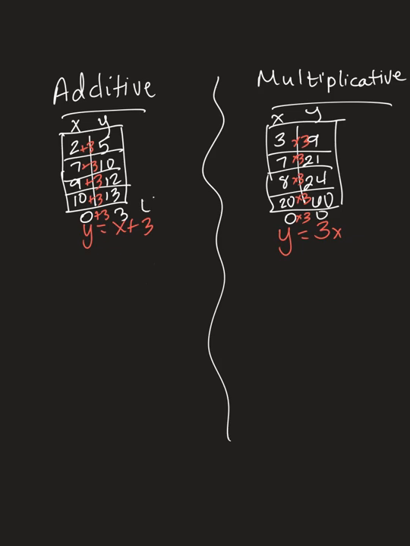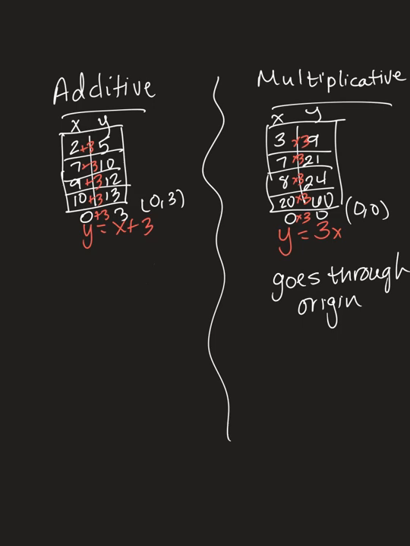So that's going to give me the coordinates 0, 3 here, and 0, 0 here. No matter what I'm multiplying by, if it's multiplicative, it's going to end up going through the origin. If it's additive, it's not going to go through the origin. It's going to go through the y-axis by whatever you're adding.